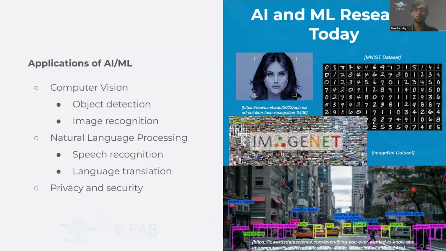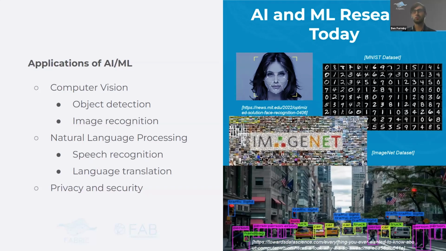And so to get started with some applications of AI and machine learning, AI doesn't need much of an introduction, I don't think, but there's many applications of computer vision that we see in our day-to-day lives, whether it's on our smartphones or smart devices, and self-driving cars. We see applications of object detection and image recognition. We see face detection and face recognition.